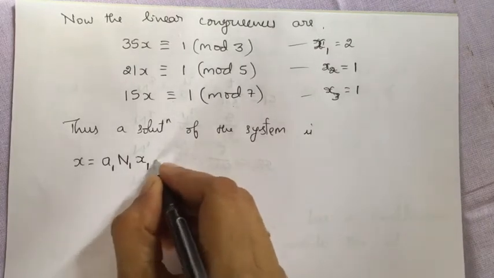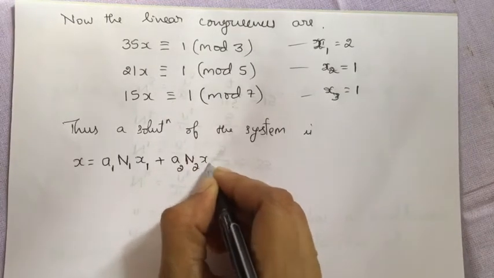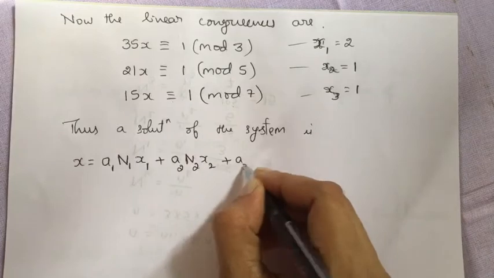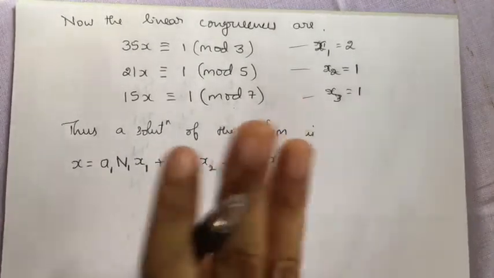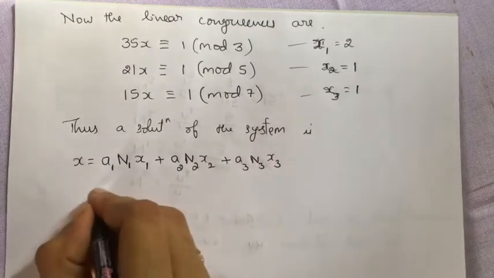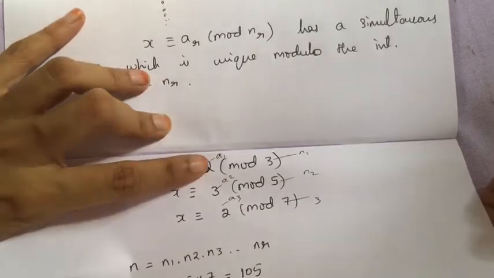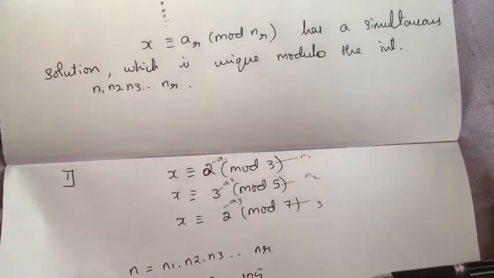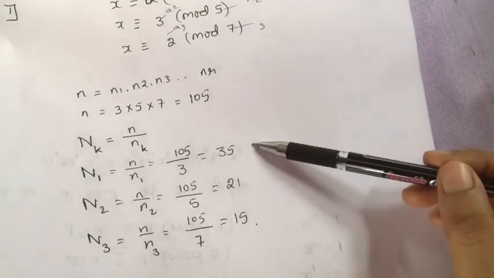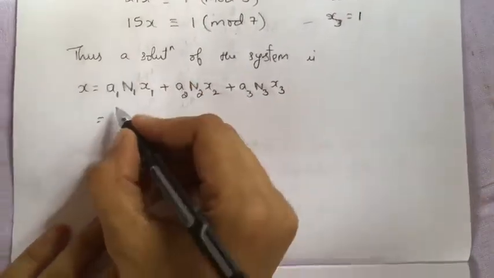So this is a1 N1 x1 plus a2 N2 x2 plus a3 N3 x3. Okay, for this there are only 3 congruence relations, so only till 3. What is a1? a1 is 2, and capital N1 is 35, and x1 is 2. Okay, I'm just substituting now.